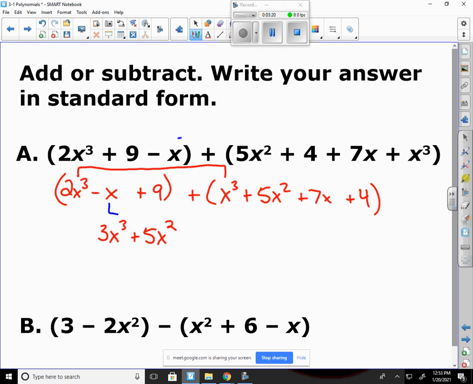Moving on, I have a negative x plus 7x. So that's really 7x minus x, which would give me 6x. And then last, I'm combining the 9 and the 4 because those are the same terms. So then 9 plus 4 gives me 13.